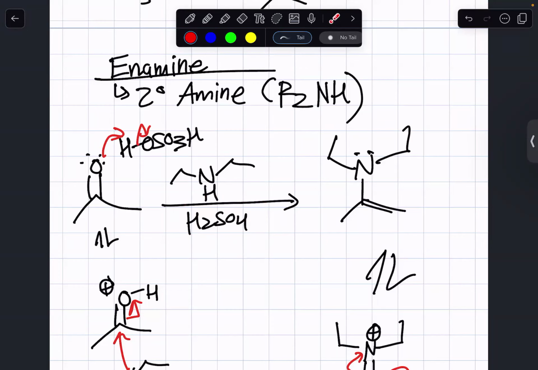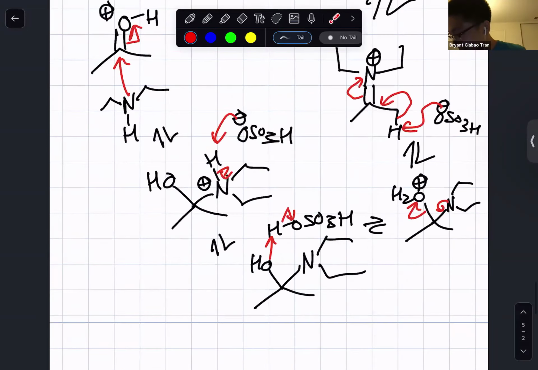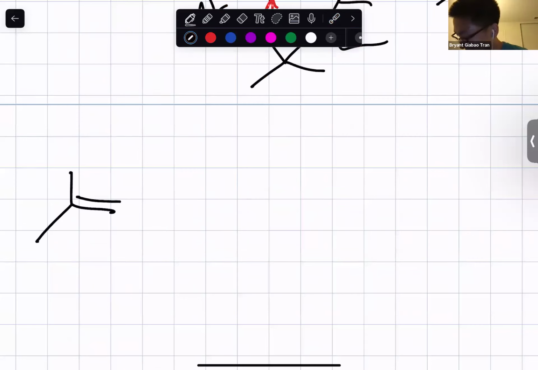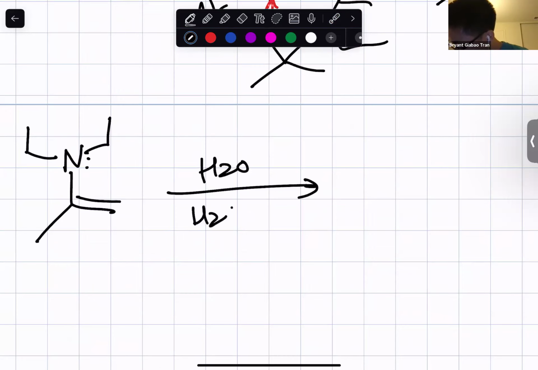Let me go over the mechanism of going backwards from enamine to carbonyl really quick, because that's the different thing at the first step. Water, H2SO4. We don't protonate the enamine nitrogen.